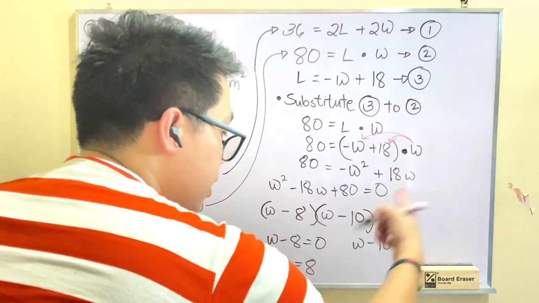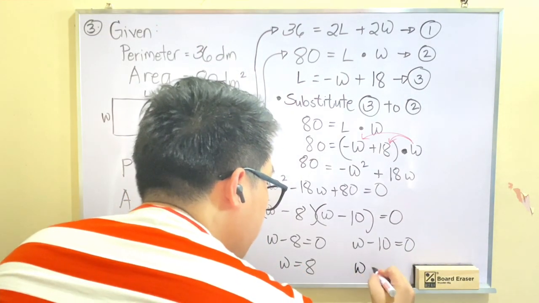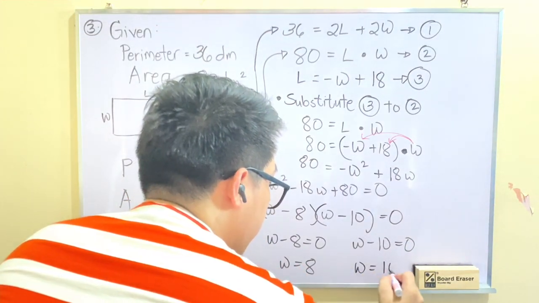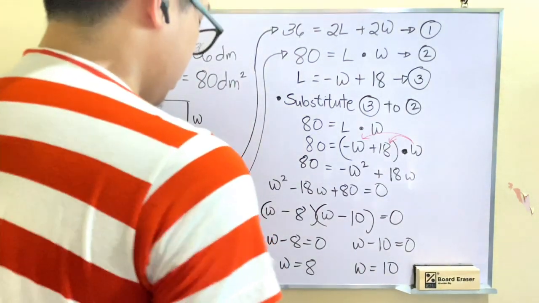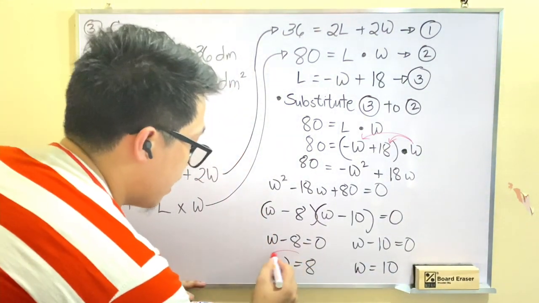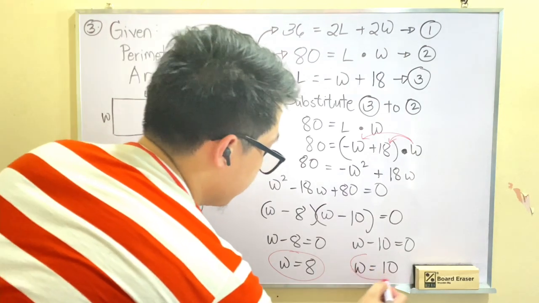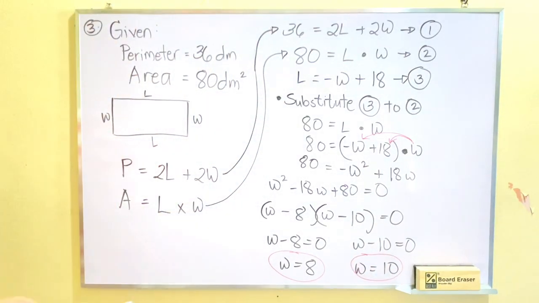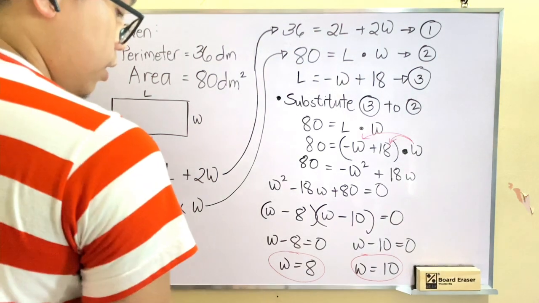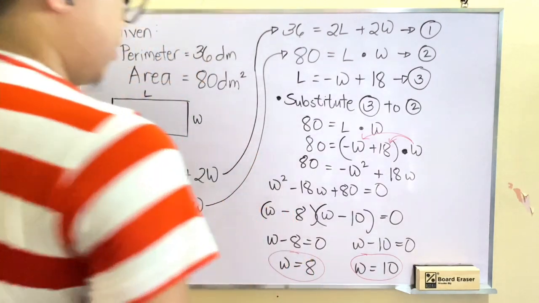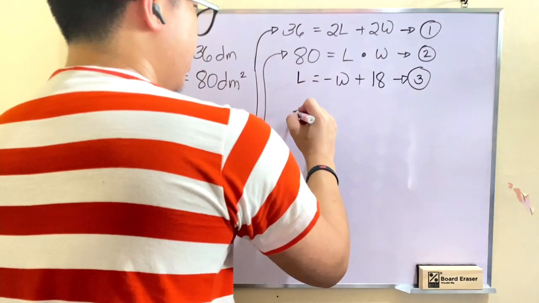Kapag yung negative 10 nilipat sa kabila, magiging w is equal to positive 10. So, meron tayong possible values of width ng given rectangle. So, width daw natin is 8 or pwede rin namang width is 10. Meron tayong dalawang width na nakuha.